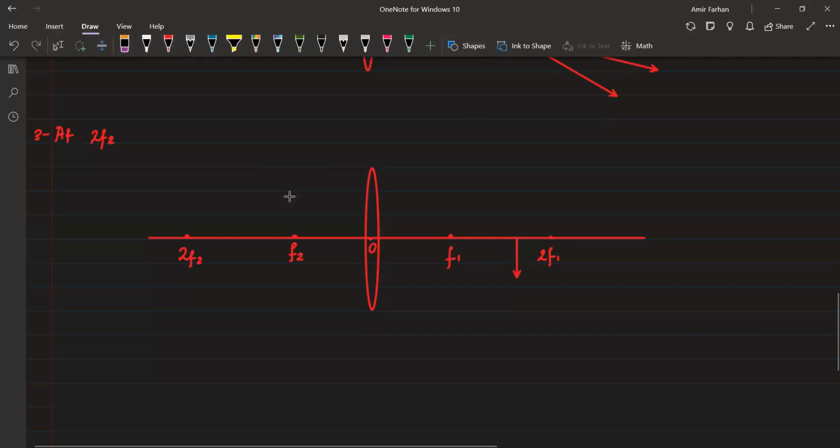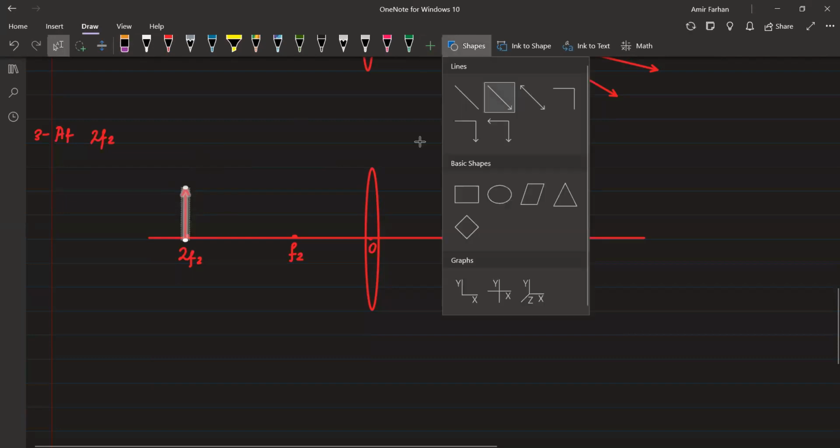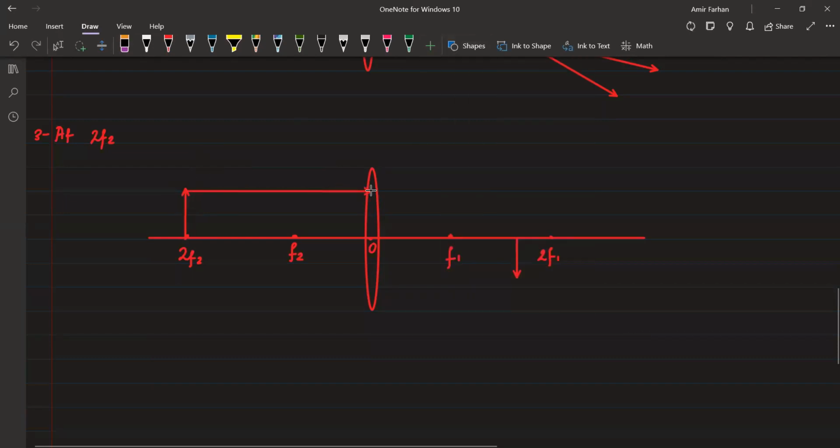Now your object is at 2F2. You have to take the first ray parallel to the principal axis and it will pass through the principal focus. Yes or no, everyone?